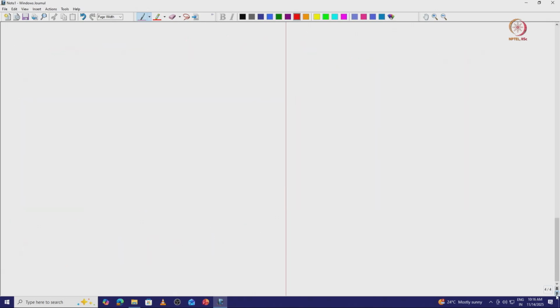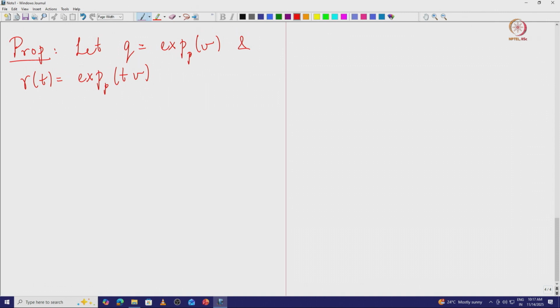Okay, so now I want to give a characterization of the conjugate point. So here is a basic proposition. Let Q be equal to the exponential at P of V and gamma the corresponding geodesic. Then Q is conjugate to P along gamma if and only if the derivative of the exponential map at V is singular.